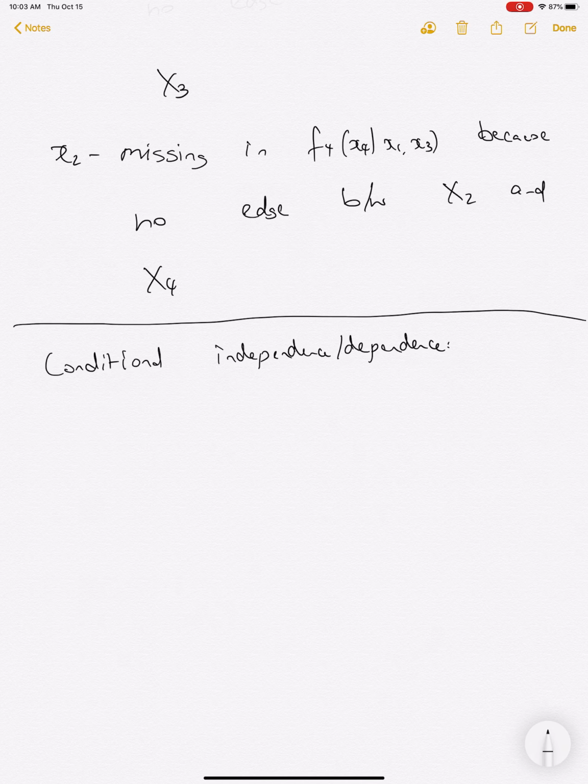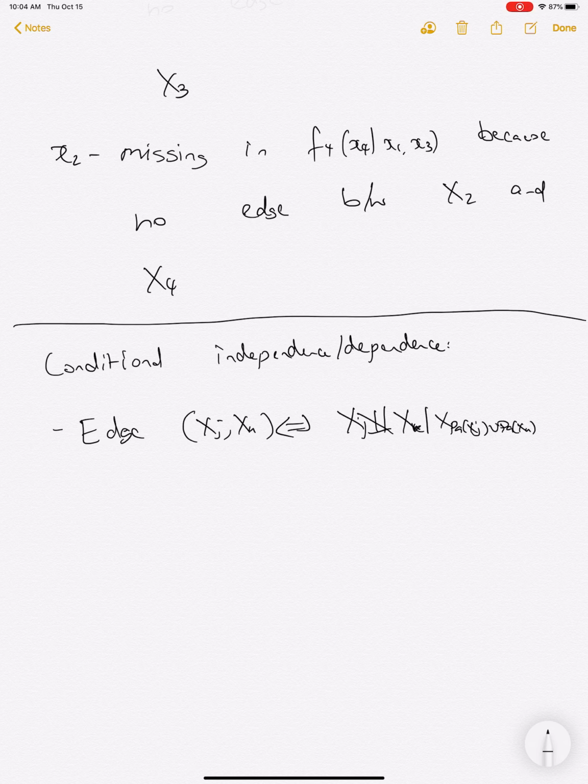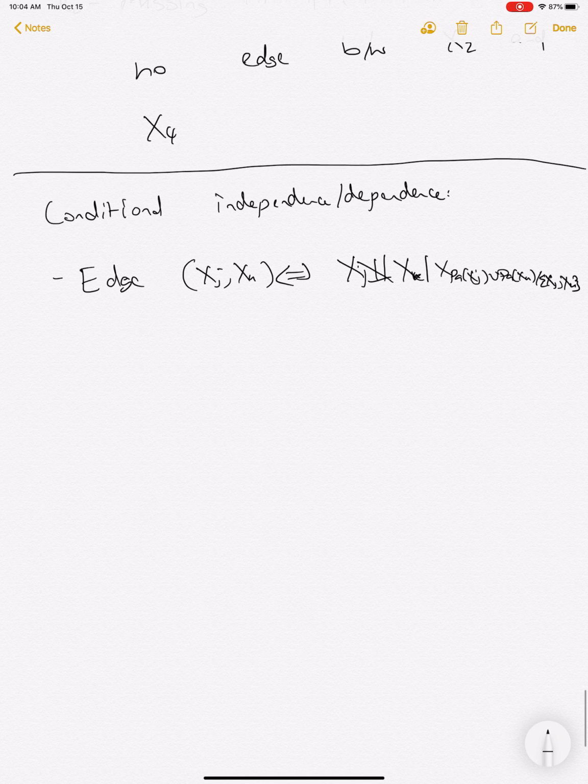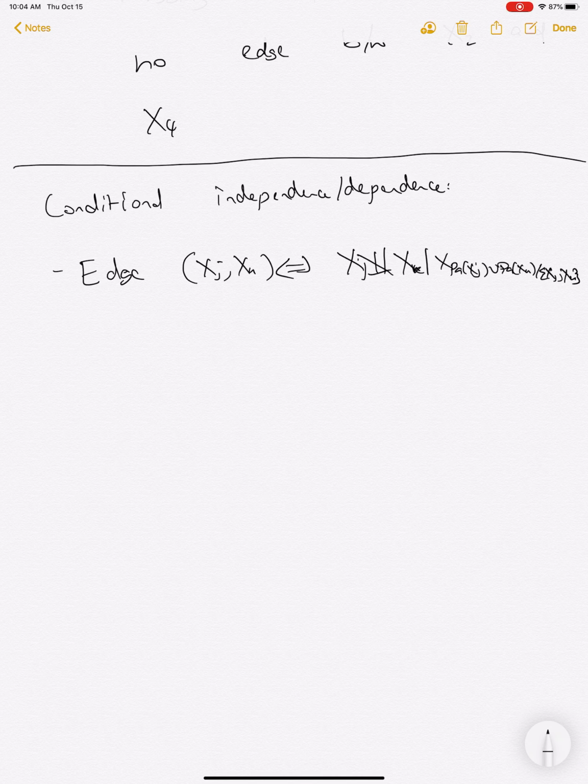So remember that we have an edge between xj and xk if and only if xj is dependent on xk given, when you condition on the parents, but we don't include the variables xj and xk in there because you don't want to condition on yourself.